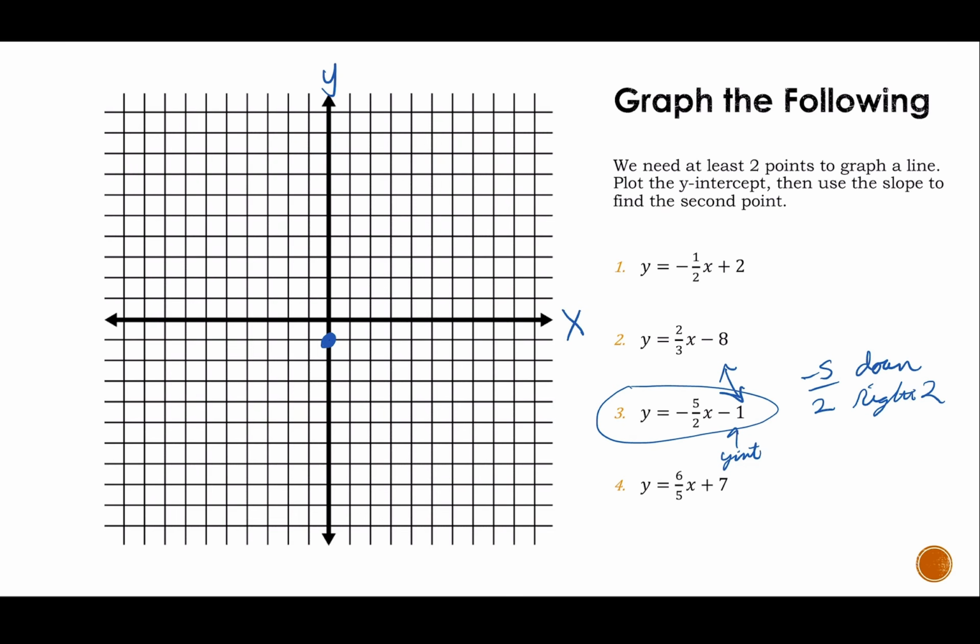I'm going to go down 5, 1, 2, 3, 4, 5, and then to the right 2. Again, down 5 and to the right 2. I'm just barely off of my coordinate plane, and I can go ahead and graph this line as best as possible. This is y equals -5/2 x minus 1. It's important to know it's -5/2 x minus 1.